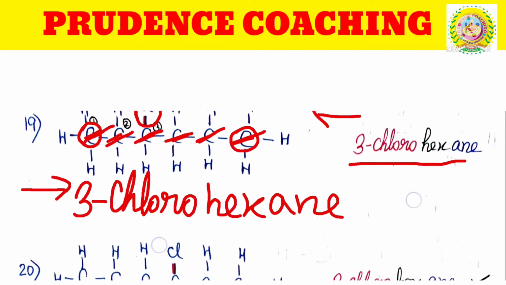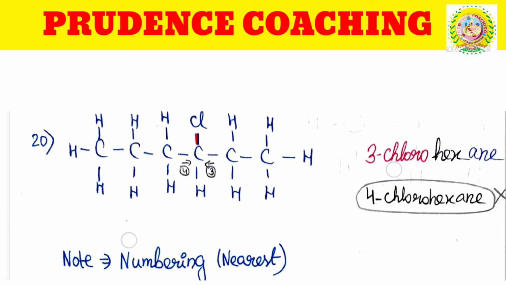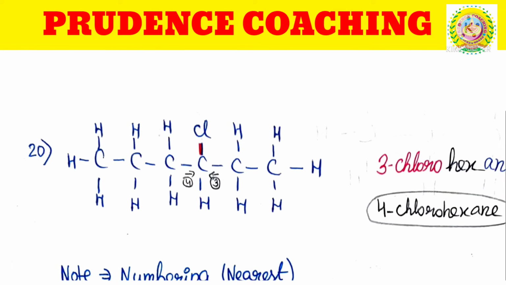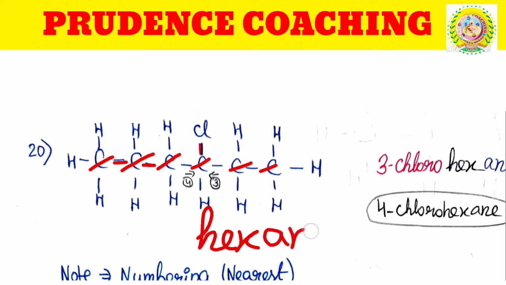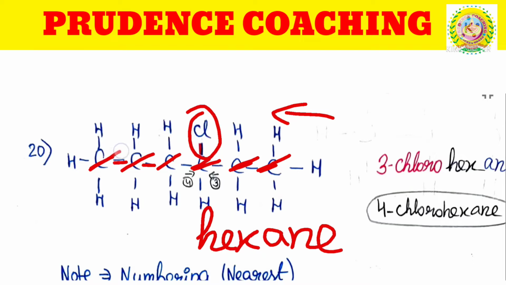Let us move on to next one, that is number 20. So here as you can see we have 1, 2, 3, 4, 5, 6 carbon. So you will write here hex. In between the carbon we have single covalent bond, so ane. Here also you have the functional group, that is halogen, chlorine. So if we count from this side, you will get 1, 2, 3, third position. From here 1, 2, 3, 4, fourth position.